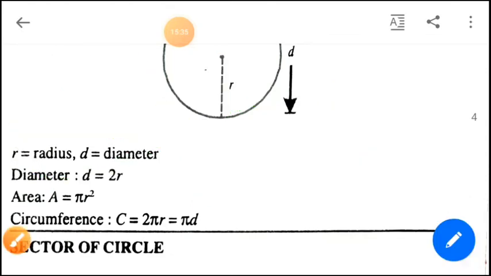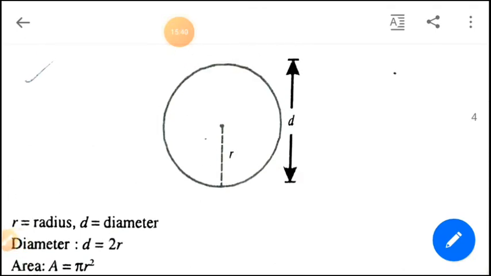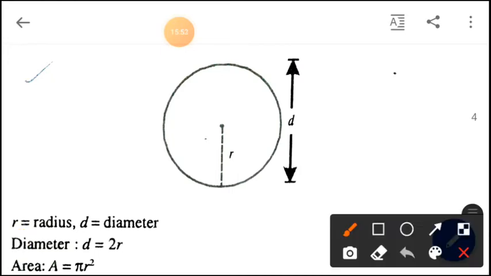Next, circumference. Circumference means, this is a curved figure, so it has circumference. For other figures we call it as perimeter. For circle this is called as circumference.